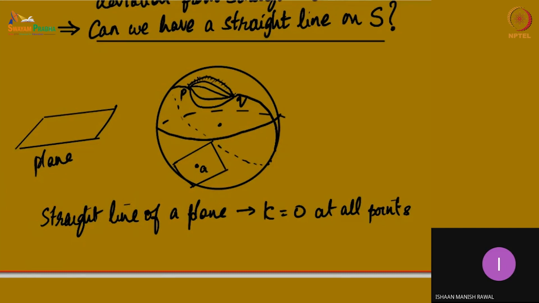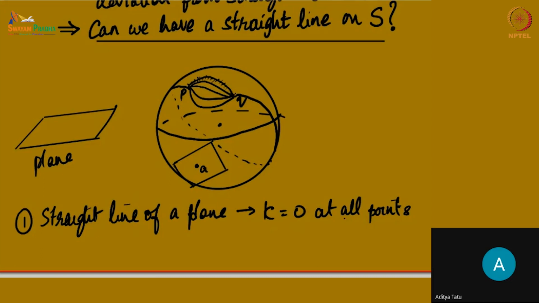Thank you. What's your name? Ishan. Ishan, right. So that's another property, right? A straight line on a plane has two properties. One, curvature has to be 0, right?